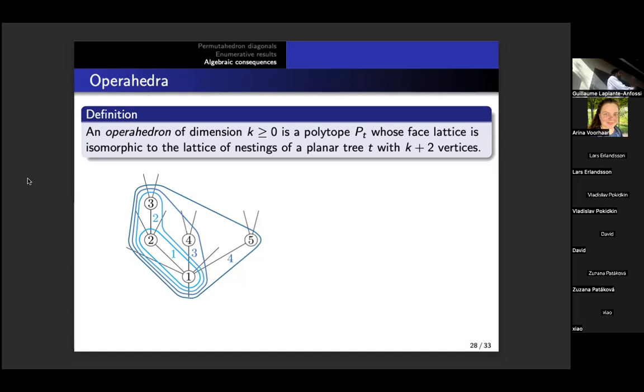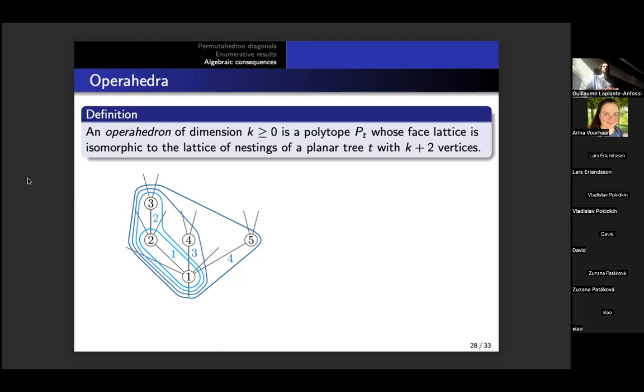So you take a planar tree, and then you look at all possible nestings of this tree. The picture I have in mind is that you imagine every vertex is an operation that takes a number of inputs equal to the number of leaves and one output. And then the nesting tells you in which order you perform composition of these operations.